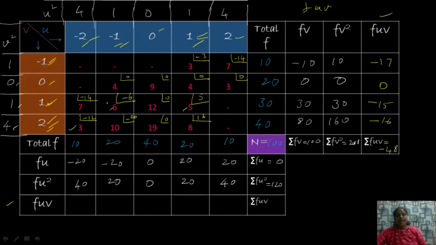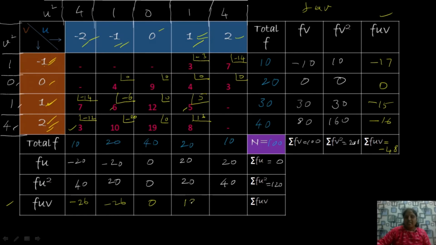Likewise, we have to add the column total too. So minus 14, minus 12, minus 26. Here minus 6, minus 20, minus 26. Here you get 0. And here minus 3 plus 5. So remaining we have plus 2 plus 16.